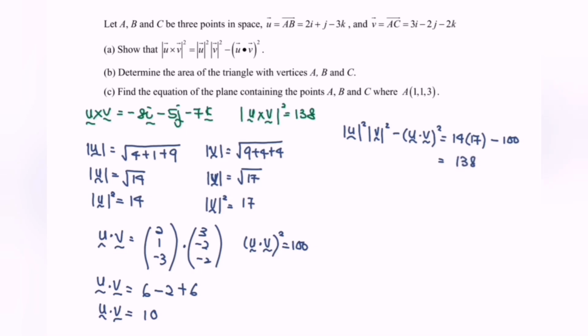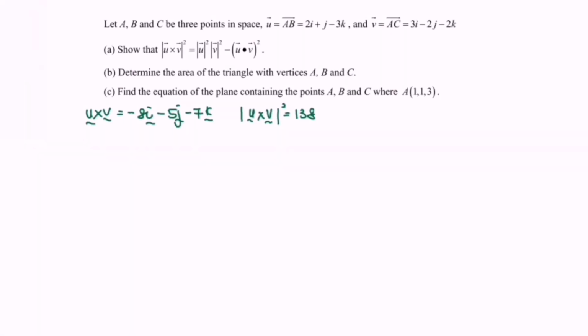So kindly refer to this part, and we notice that we also have 138. So as a conclusion, the magnitude for vector u squared multiplied with the magnitude for v squared minus u dot with the v squared is equal to the magnitude for u cross with the v squared. And we have already shown the situation.